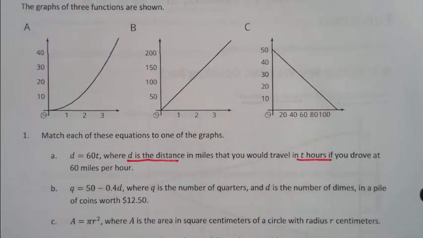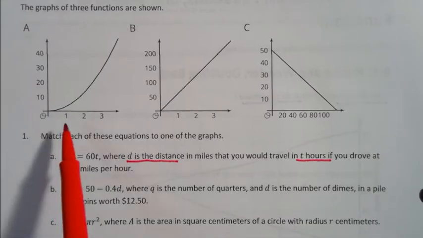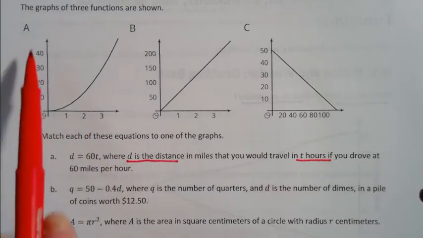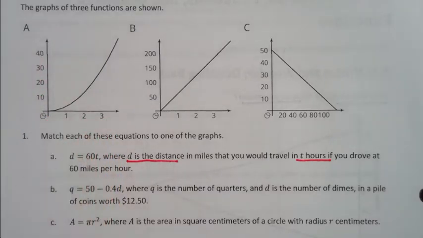Well, one kind of place to start, because we can't tell, is the t on the horizontal or is t the vertical? Where does distance go? So we can do a little bit of a guess and check kind of thing, just to see if it can help us figure out.